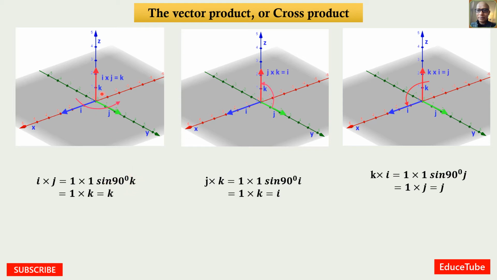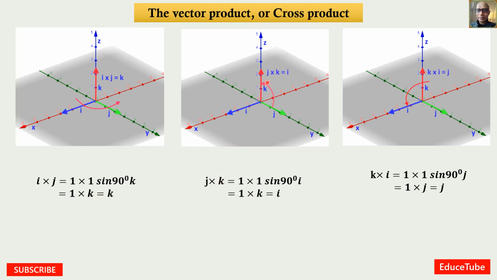But here we already know this is a unit vector and this is a unit vector, so there will be another vector perpendicular, k. So instead of that e unit vector we are writing k here. So we got new information: i cross j equals k.